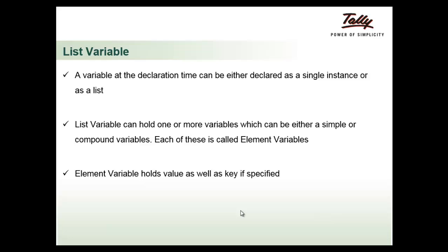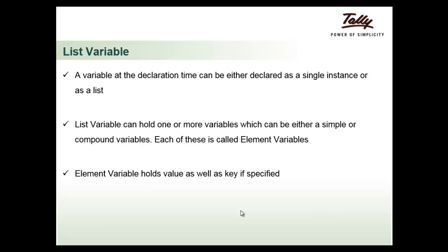Then we went to list variable. A list variable can hold multiple values of multiple data types. In simple and compound variables, we saw that they can hold only one instance of value, whereas a list variable can hold multiple instances, that is, a list of values.